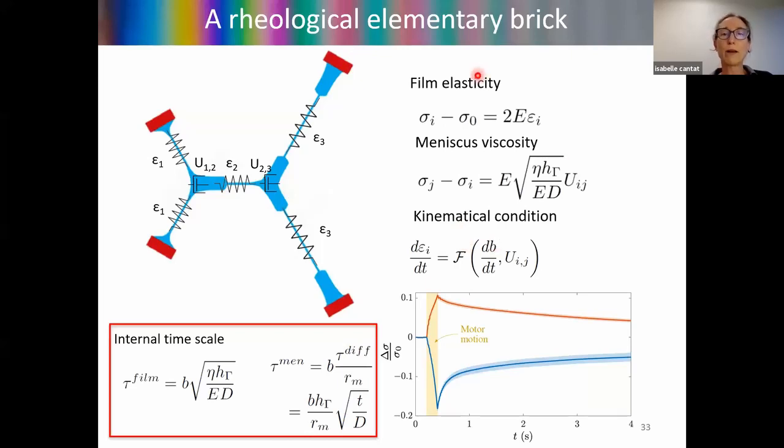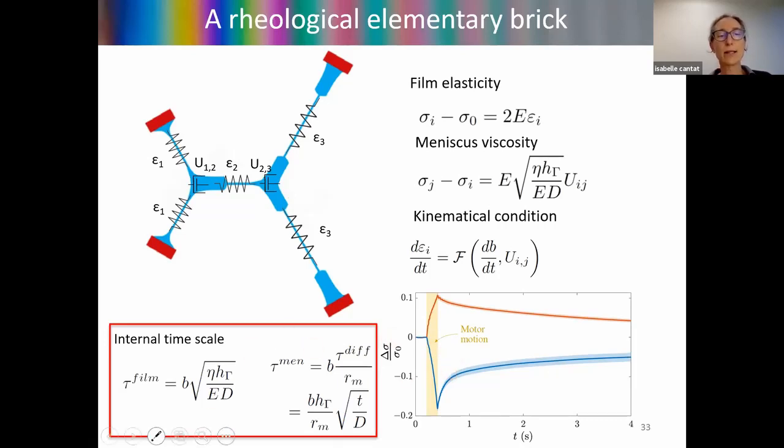Then we can build a kind of Maxwell fluid model that predicts the curve we get, for example, for the tension as a function of time when we stretch the film. Here I stretch my film, the motor stops, the film relaxes with a certain time scale. Same thing in compression.